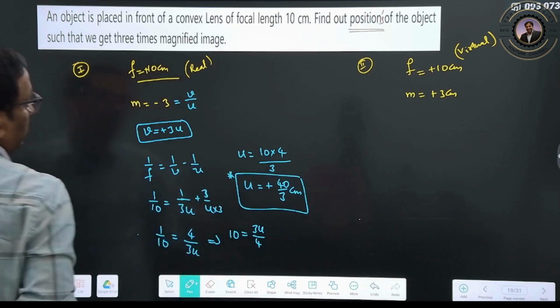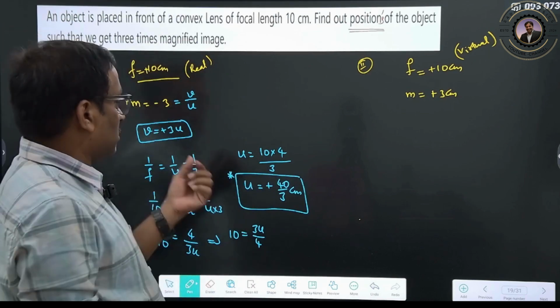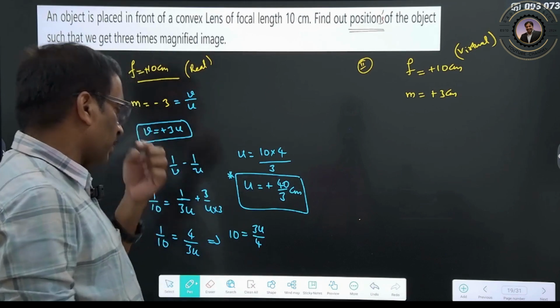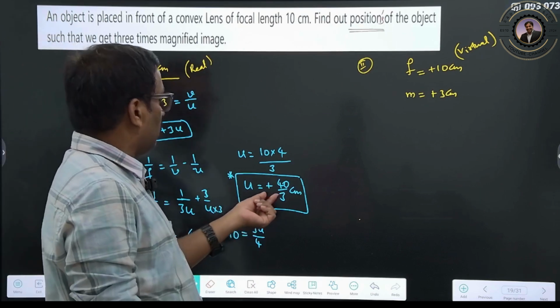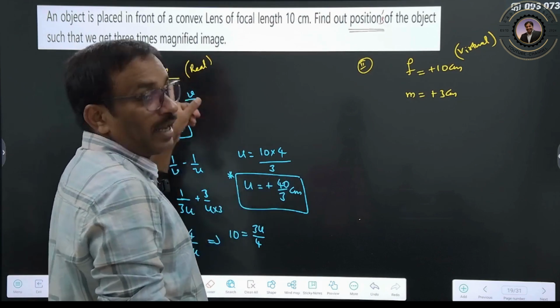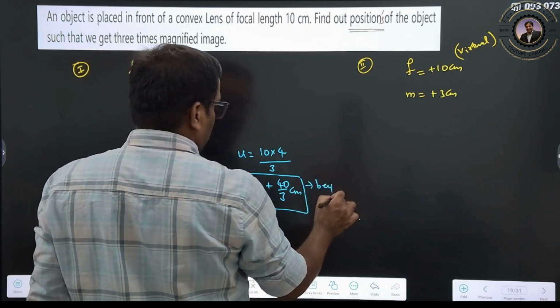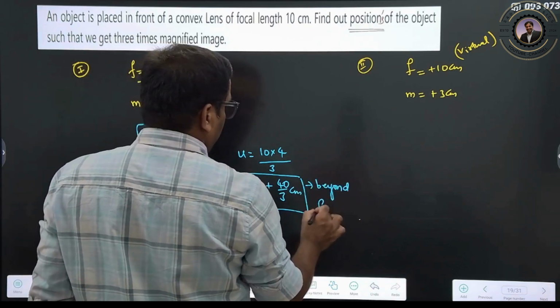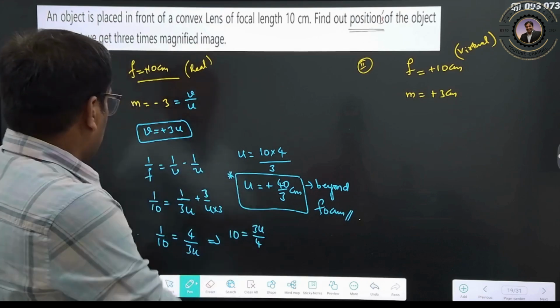This is one position. Plus means 40 by 3, so U is more than 10. That means this is formed beyond the focus, clear, right.